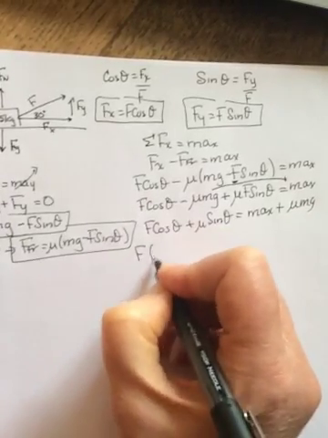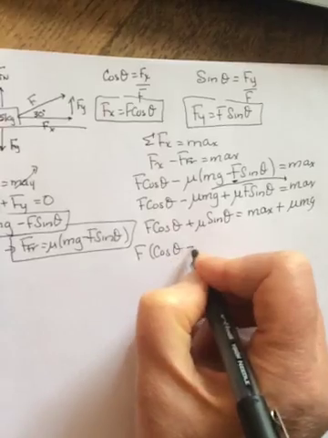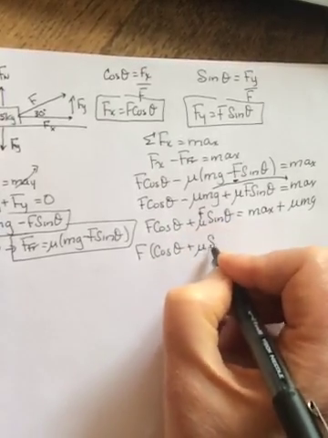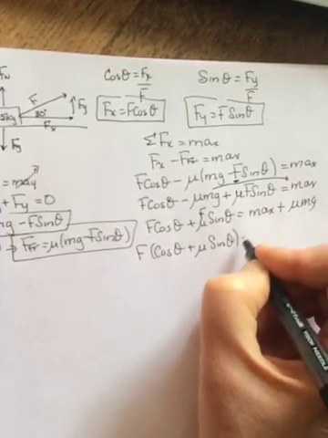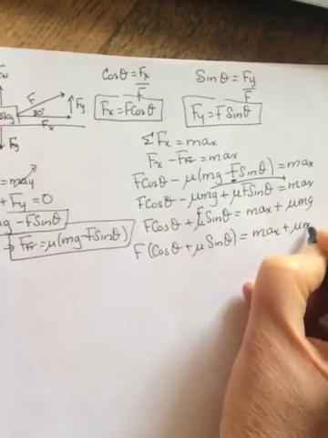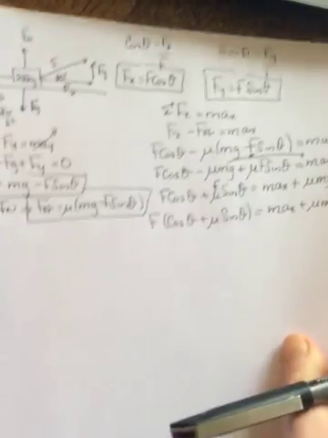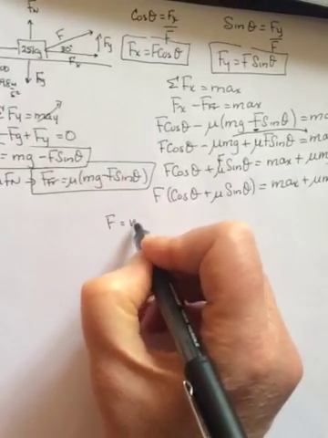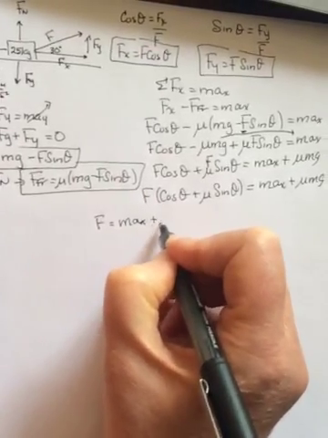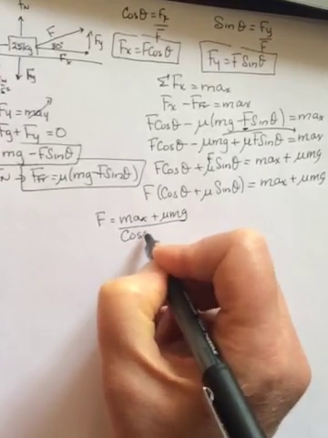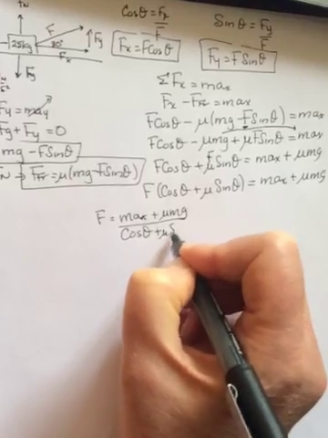Factor out your F, so F times cos theta plus mu sine theta will equal max plus mu mg, and now divide by the bracket. So it becomes F is equal to max plus mu mg over cos theta plus mu sine theta.